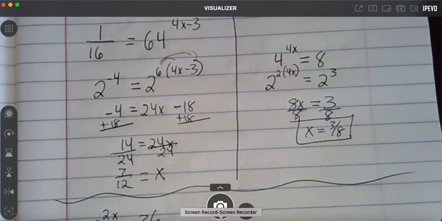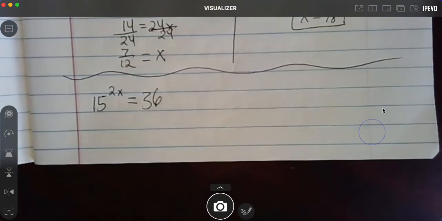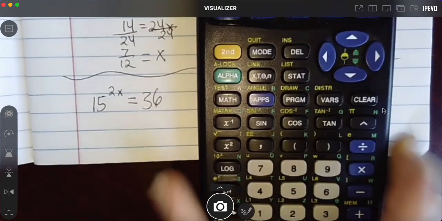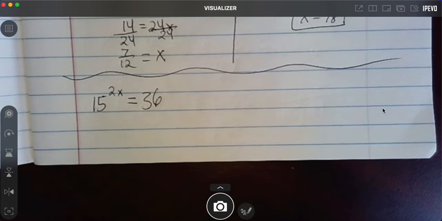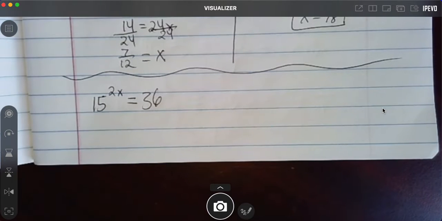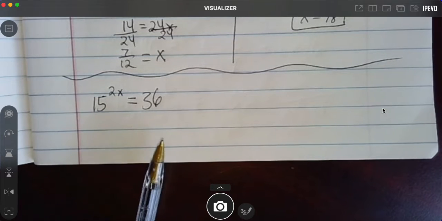I would take the log of both sides. Remember, if you take the log on the left side, then you write the log on the right side. What do you do when there's an exponent and you're dealing with logs? You can move an exponent to the front.